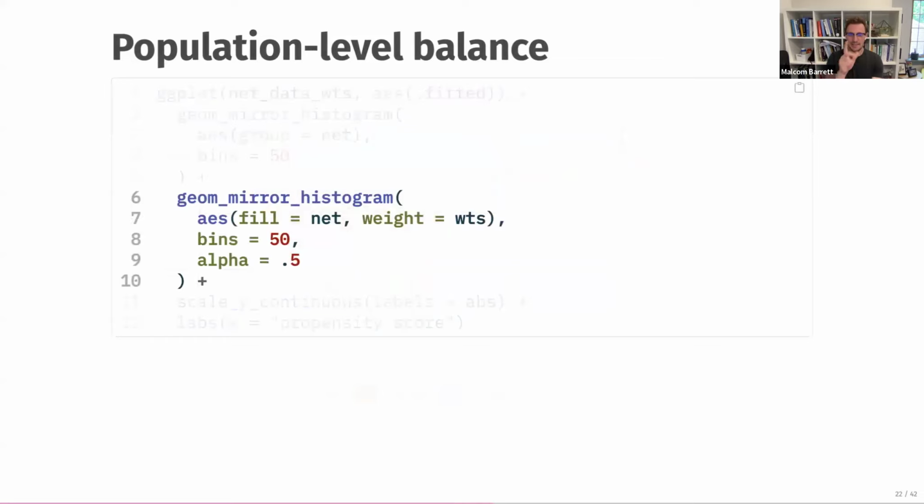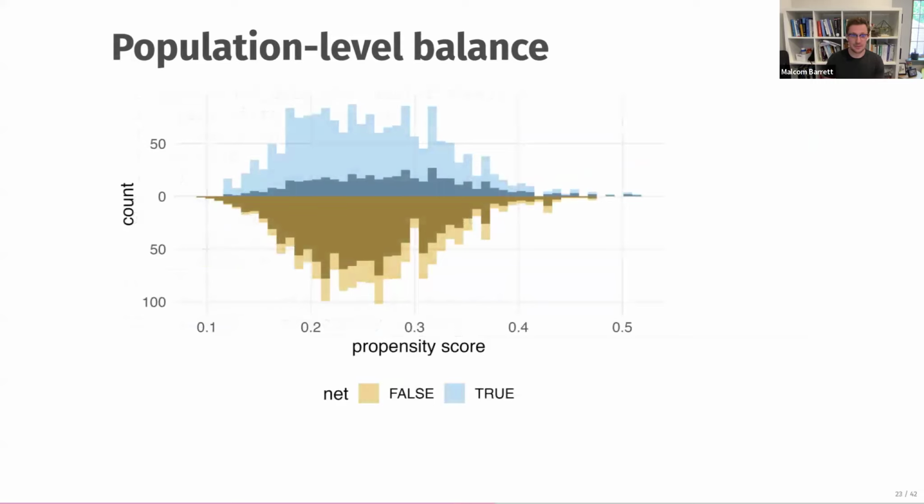So instead, let's take a look at the pseudo population that would be created, these counterfactual populations, using the weights from the propensity scores. So this dark background here is the original distribution that we just saw. And now these light colors that are going up, this is the new distribution for these two populations compared to each other.